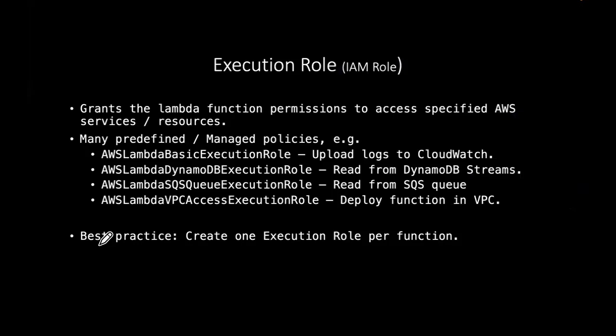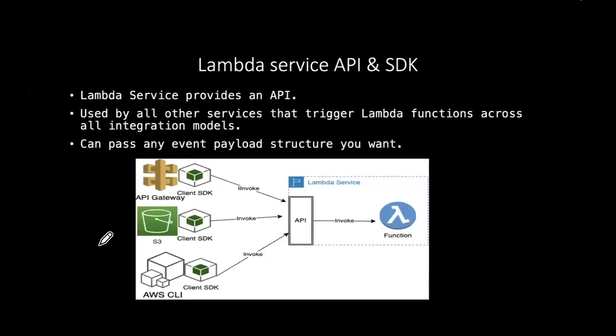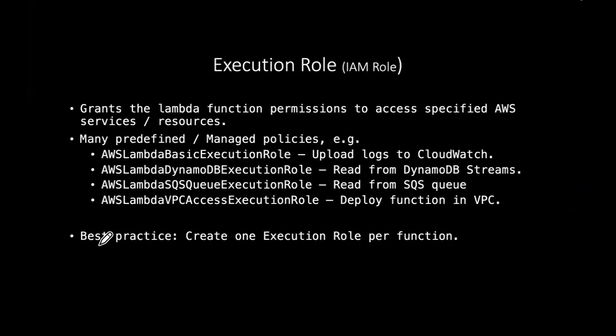Now, when we were talking about lambdas, there were a couple of slides that I skipped over. So one is this slide here called the execution role. So every Lambda has an execution role. It's essentially an IAM role, and it controls what other services the Lambda can interact with. As you know from your automated cloud services, IAM kind of controls everything.